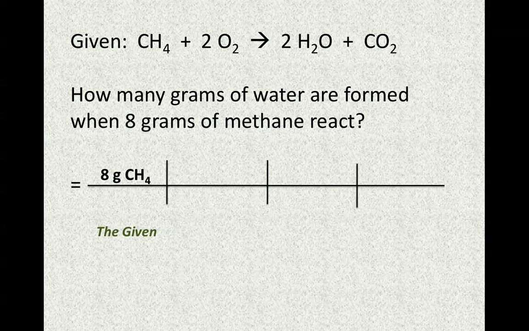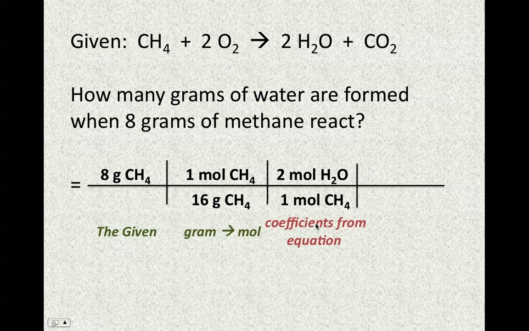Just like before, we're going to take grams of methane and convert it into moles of methane. So 16 grams is the GFM of methane. Remember, I'm starting with grams, so I have to put grams in the bottom, and that goes with 1 mole of methane. Then I'm going to convert between the moles I'm starting with, moles of methane, and what I want to get to, moles of water. Both of those came from the coefficients in the equation.